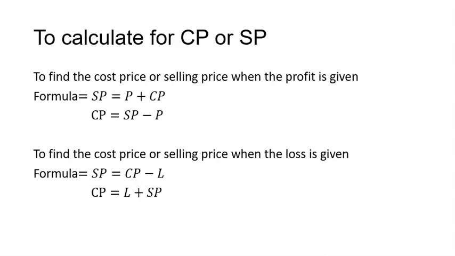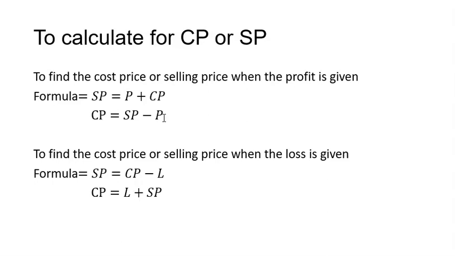So the formula to find the selling price is profit plus cost price, SP equals P plus CP, okay? And to find the cost price when the profit is given is CP equals SP minus P.